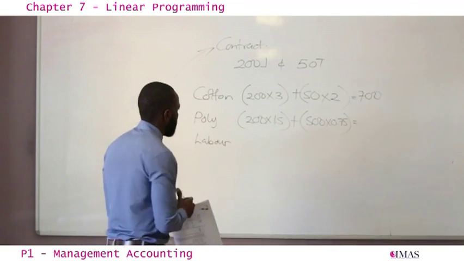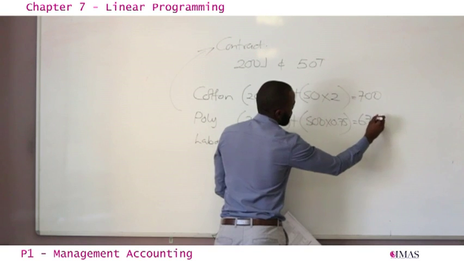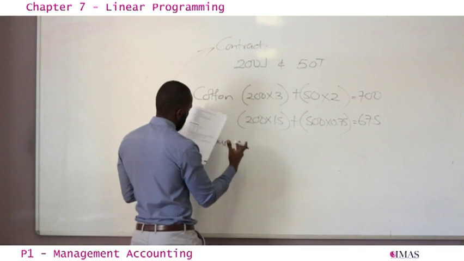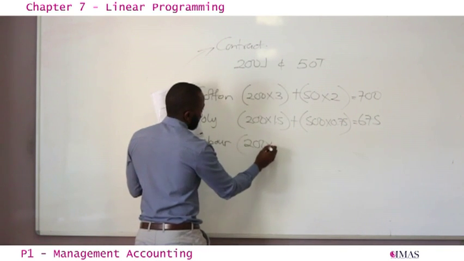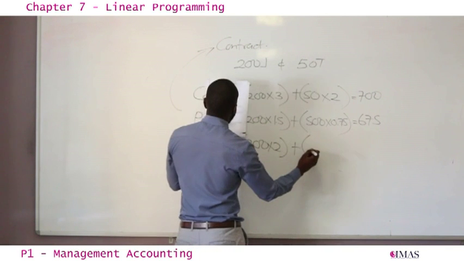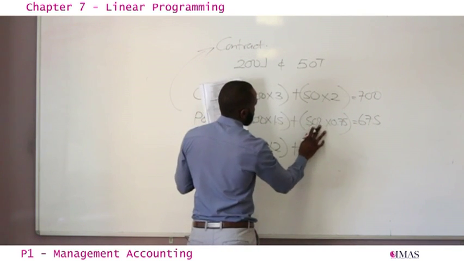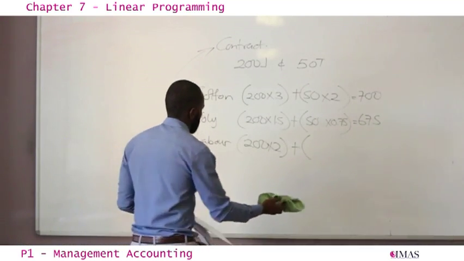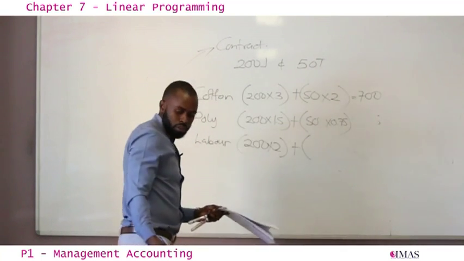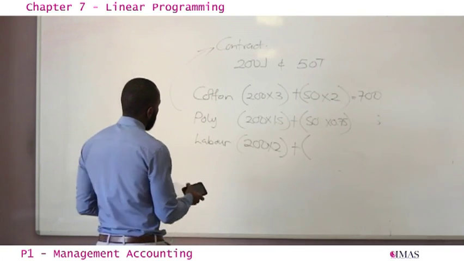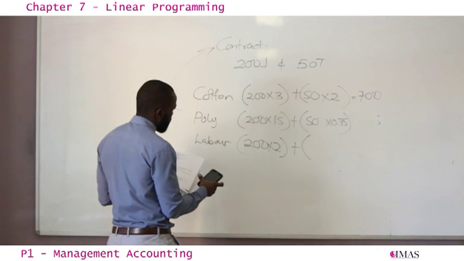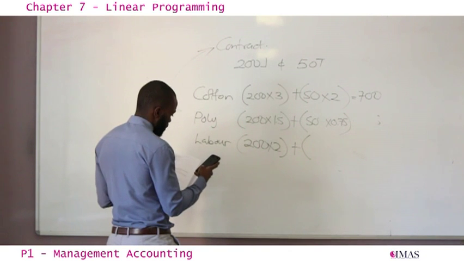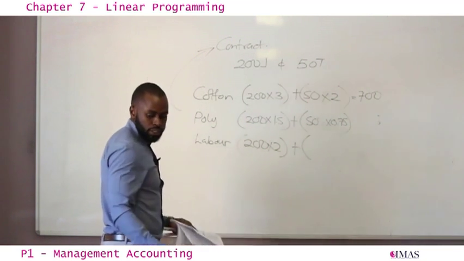So that's 337.5 meters of polyester going to the contract.